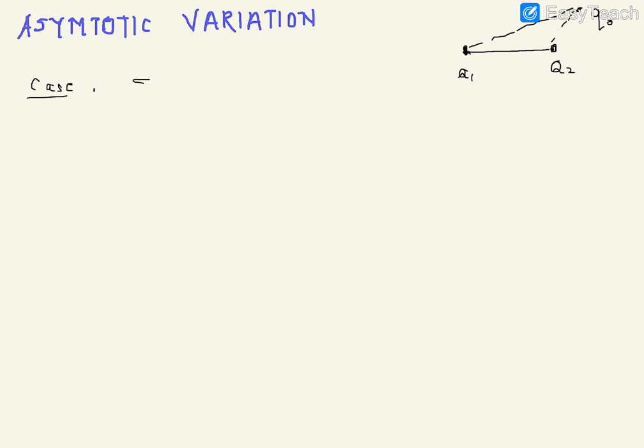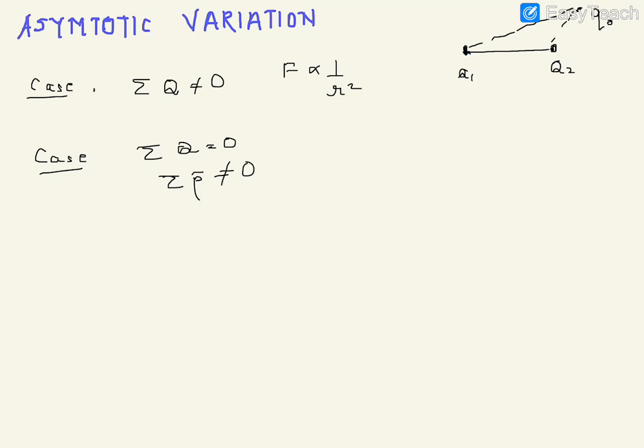Case 1 is summation of Q not equal to 0. So let's say my Q1 and Q2 both are positive, then my force will be proportional to 1 by r square. Now case 2, summation of Q is equal to 0 and summation of dipole moment is not equal to 0.